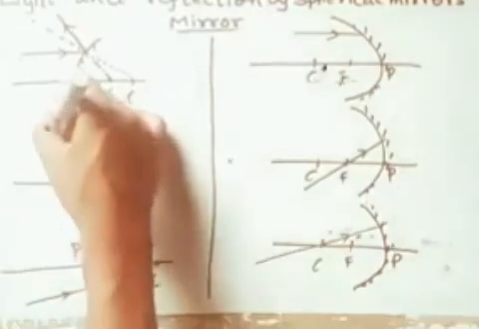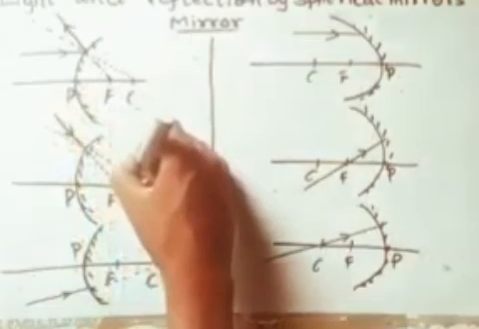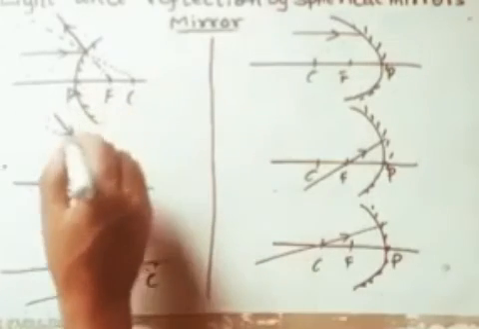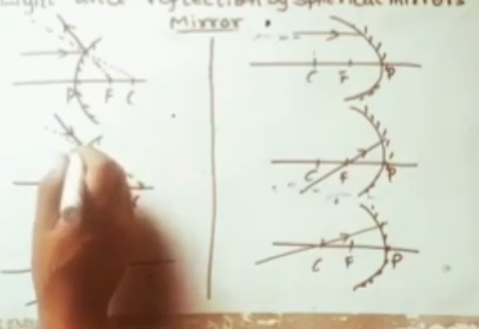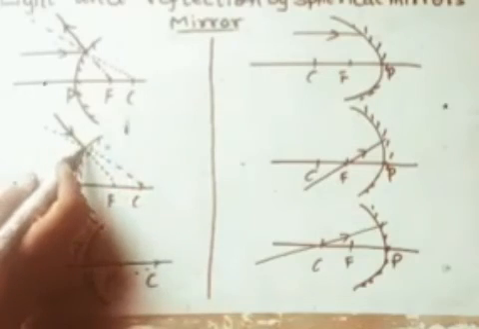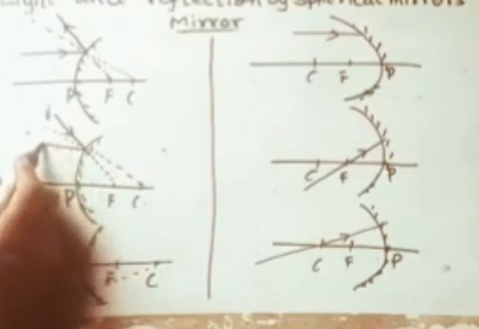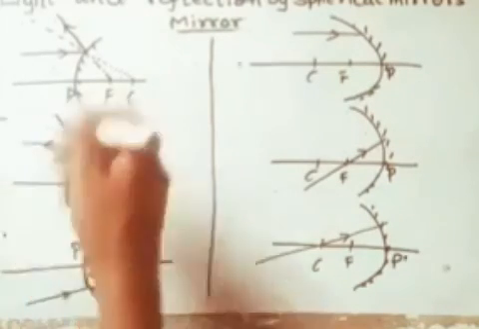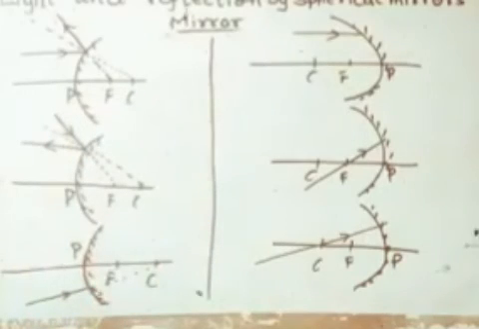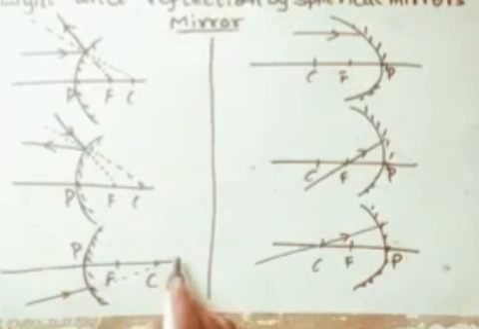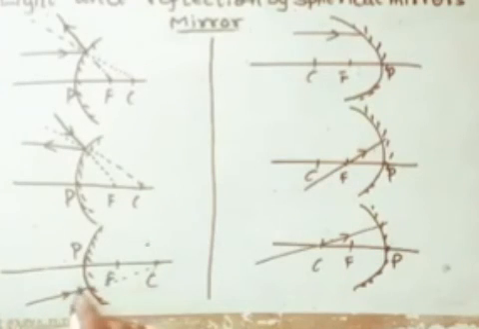Again, we will draw a normal, and the angle of incidence and angle of reflection will be the same, and it will go parallel to the principal axis. And the third case, it is going toward the center of curvature.